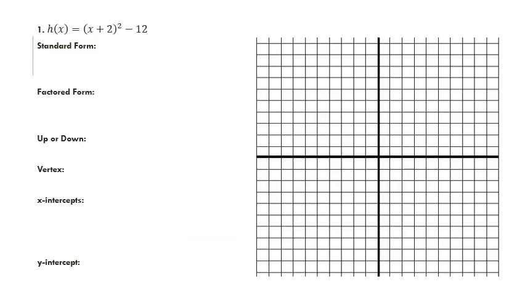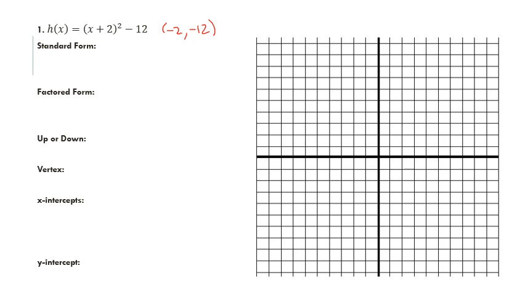All right, so if we want to graph by hand, it's really helpful to have the equation in all three forms because each form of the equation gives you different information about the graph. So we're starting here with the vertex form, which of course gives you the vertex. Remember that the x-coordinate changes sign and the y-coordinate stays the same.